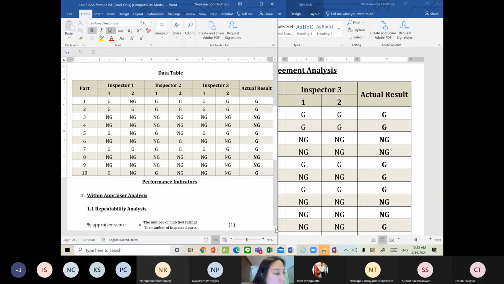I think that should be enough time for operator 1.